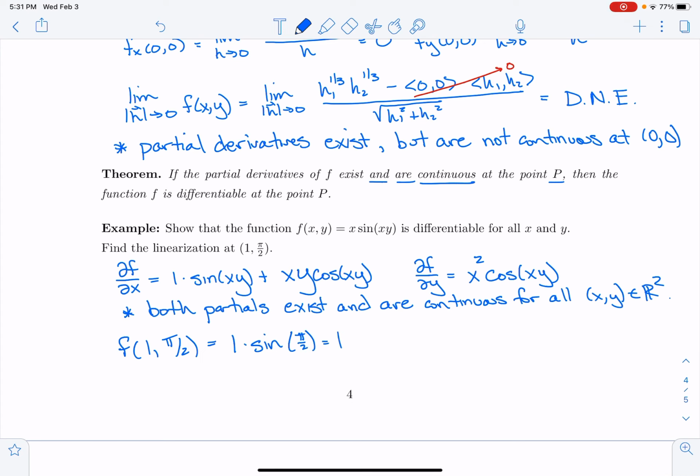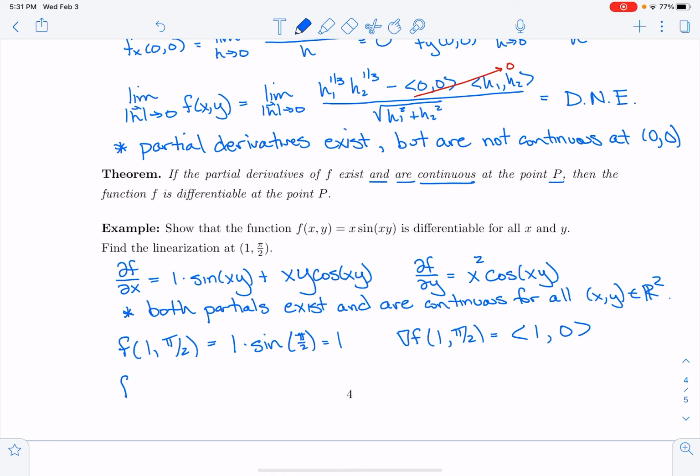And then what is the gradient of f at 1 and pi over 2? Let's plug in 1 and pi over 2. Sine of pi over 2 is 1, and then I get a cosine of pi over 2 in the next term, which is 0, so I get 1. And then df dy has a cosine of pi over 2 in it, so that gives me a 0. So the gradient there is 1, 0.